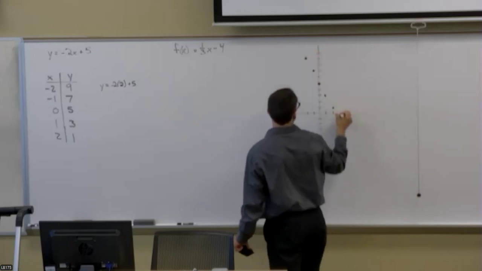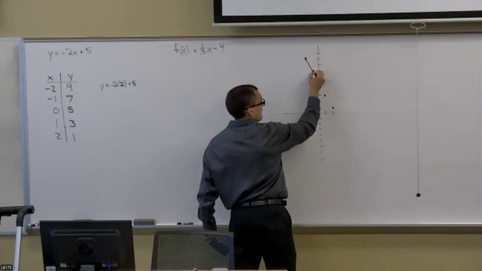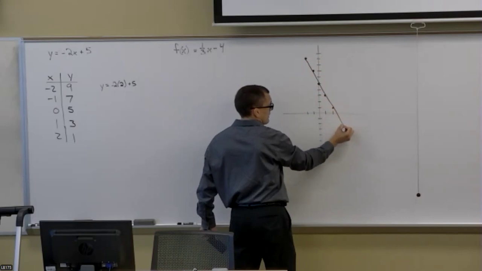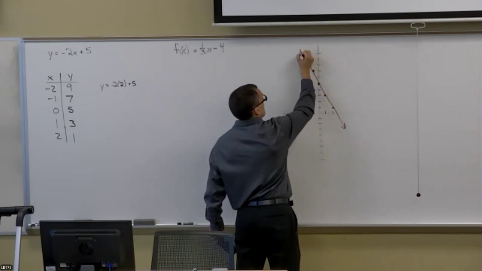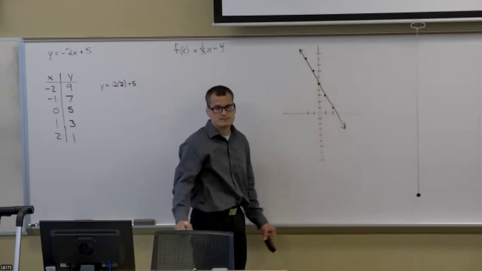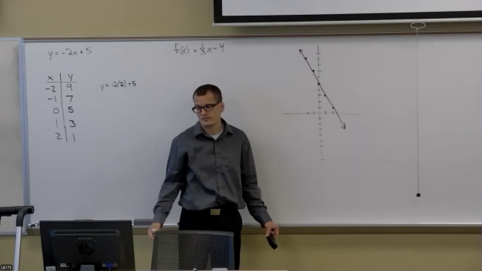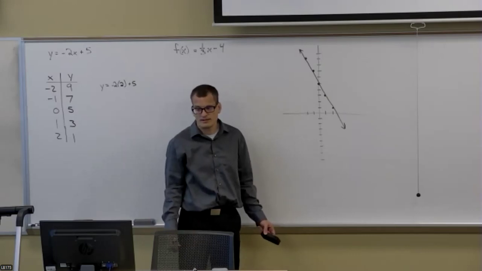And so you get this straight line, and not just those points, but every other point that's on that straight line is going to make that equation true. So something like that.